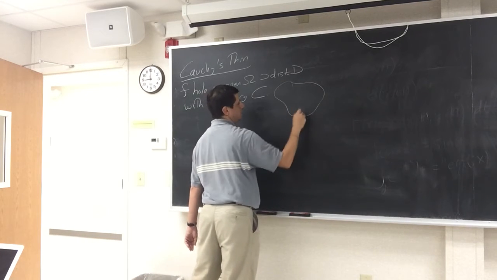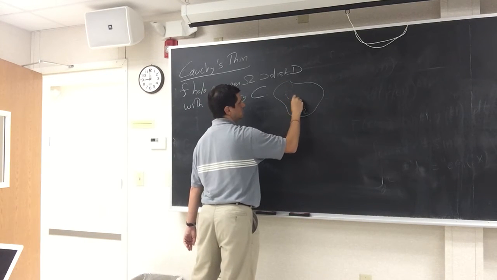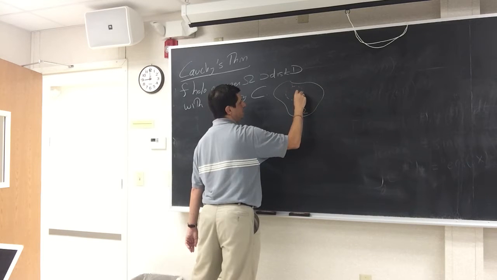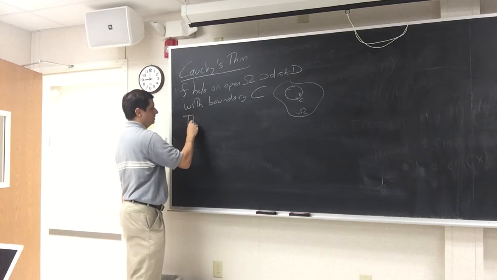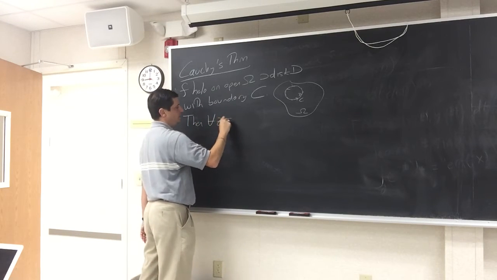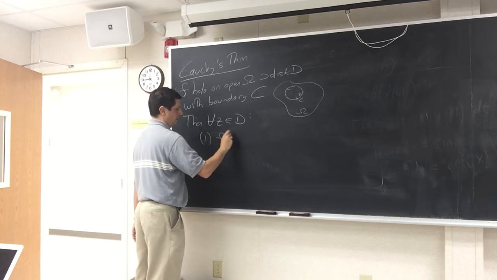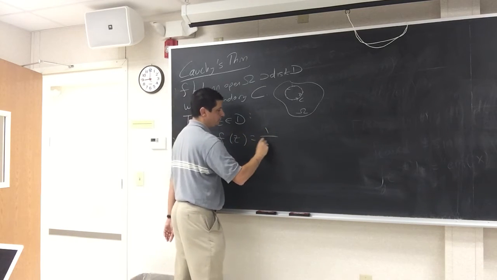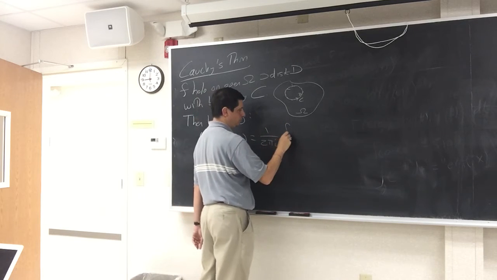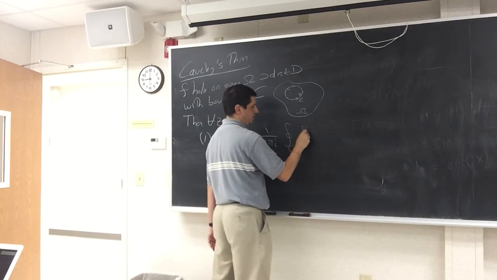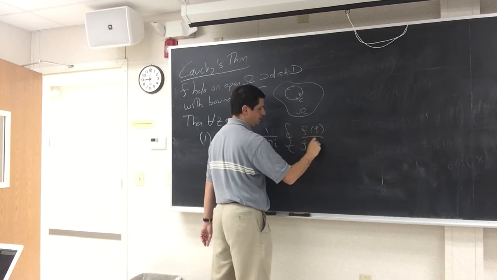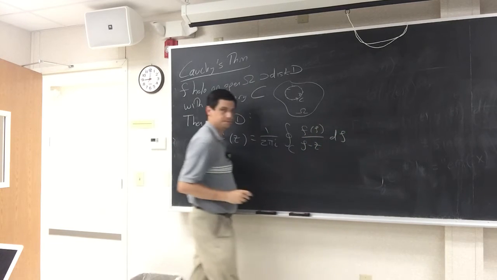So if you want, here's omega, here's some disk D, and here's the boundary C. I guess I'll draw it in solid. Then for all z in D, we have the following. f of z is 1 over 2 pi i times the integral over C of f of zeta over zeta minus z, d zeta.